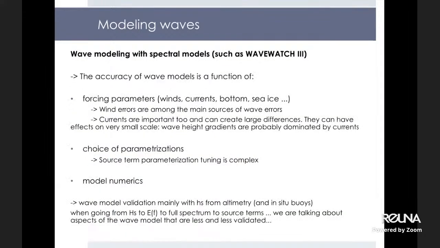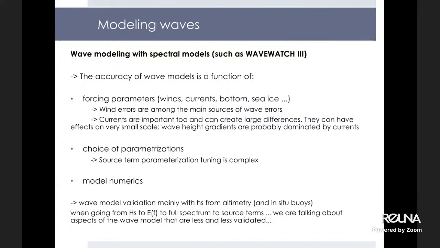So just to talk a bit about wave modeling accuracy. What drives the accuracy of wave models? First, there are forcing parameters. I'm speaking there about winds, currents, bottom, sea ice, etc. And wind errors are among the main sources of wave model errors. So this is something to keep in mind. Currents can also be very important and can create a relatively large difference depending on the area.